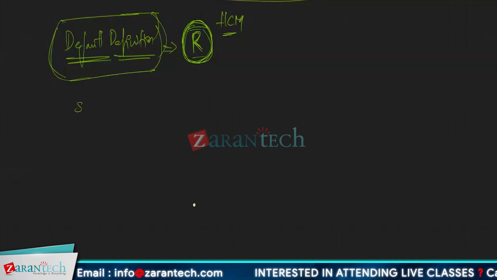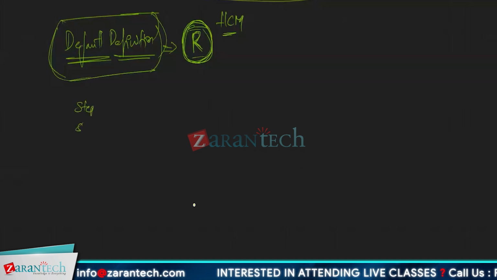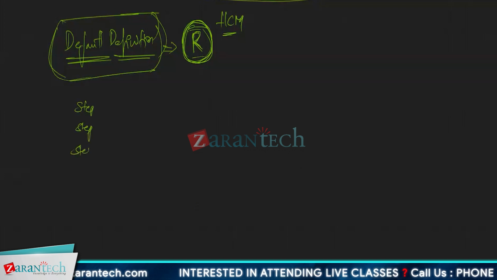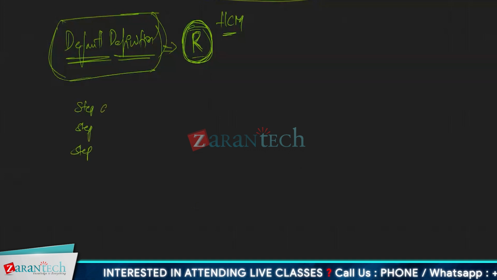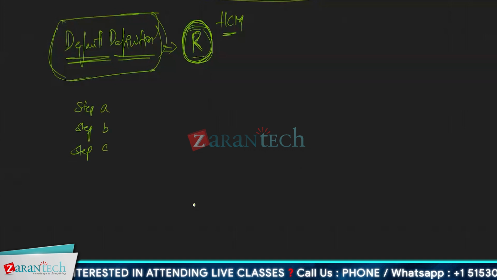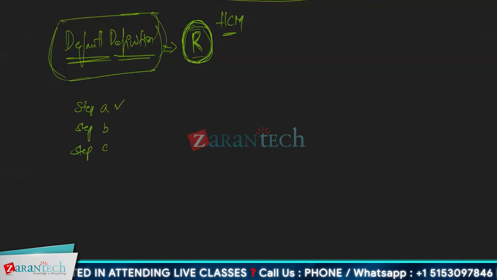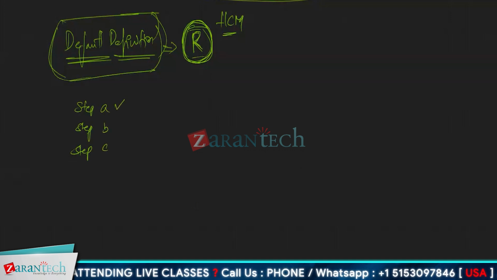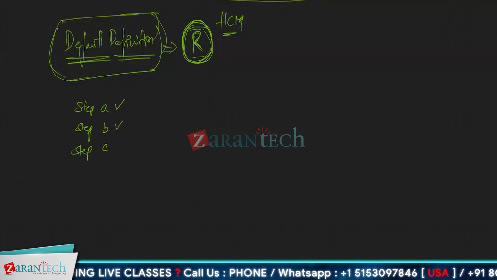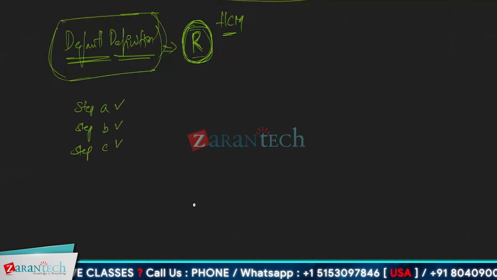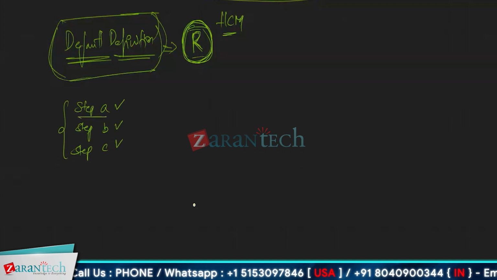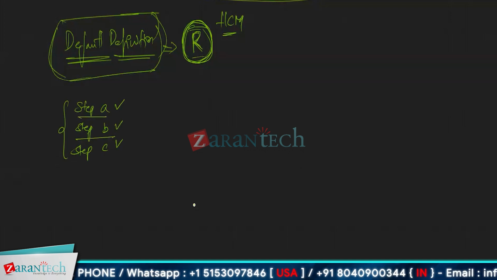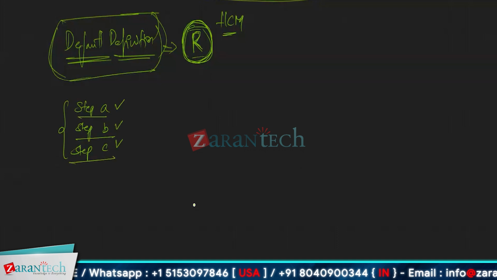It will show you the step by step process to execute a transaction in Workday. So you'll have step A, then step B, and then step C. Workday will first execute step A, then step B, and then step C. You want to define which step should be executed first, which second, which third, and at what point this business process is going to complete.